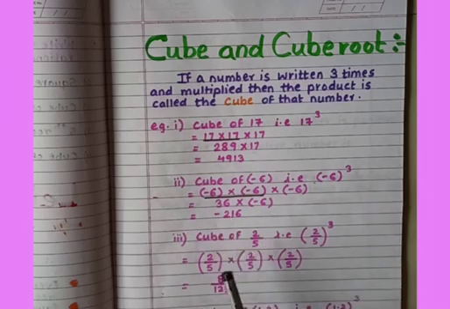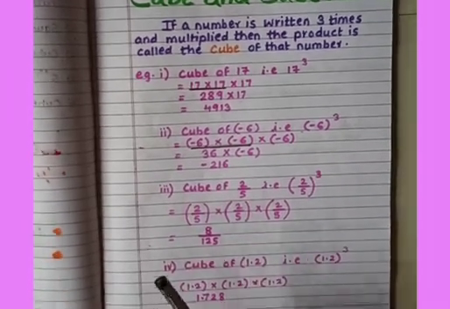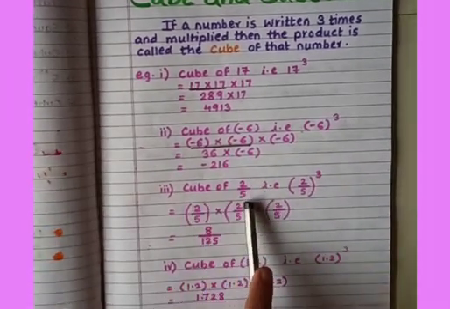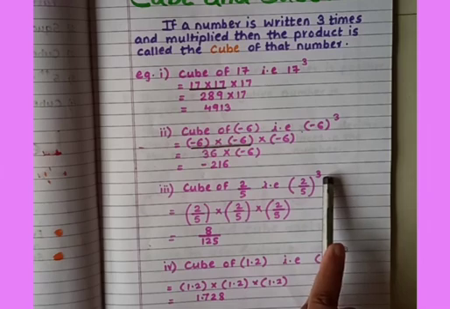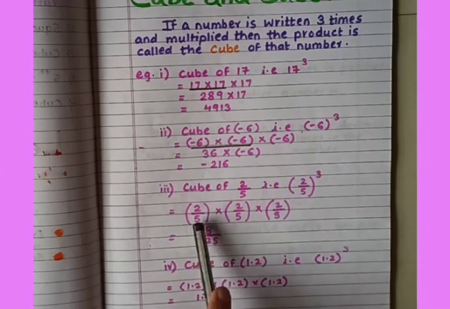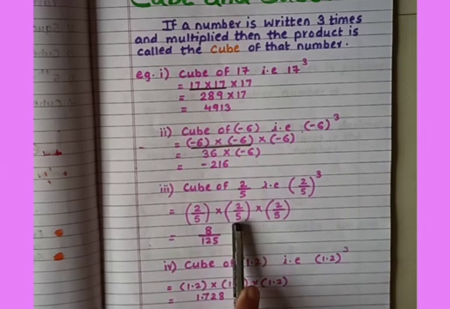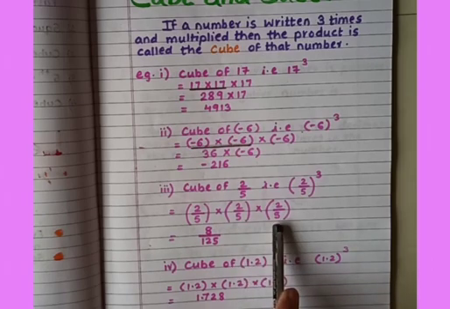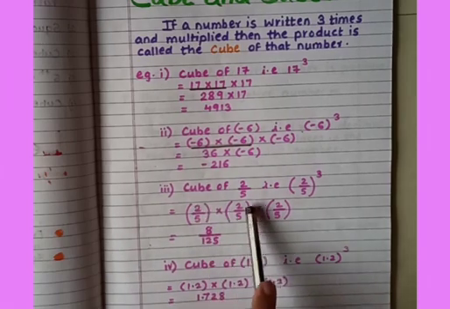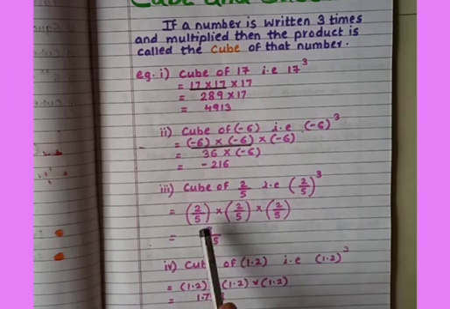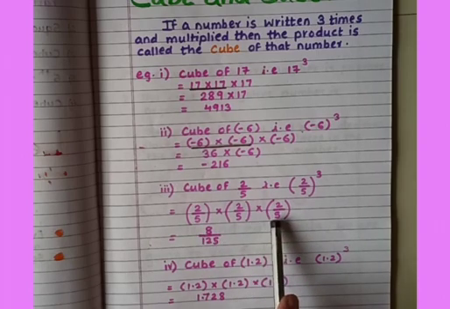Okay students? Example 3. Cube of 2 upon 5. In index form, we can write it as 2 upon 5 raised to 3. In product form, 2 upon 5 multiplied by 2 upon 5 multiplied by 2 upon 5. Now in fraction form, we have to multiply numerators together and denominators together.